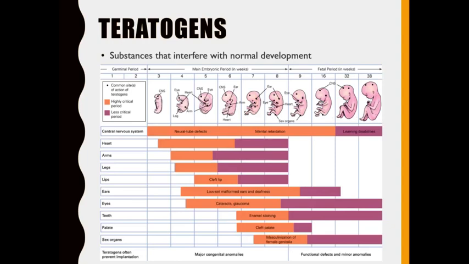There are things like antibiotics that mom might be prescribed during the 6th or 7th or 8th week of gestation. A lot of times moms don't even know they're pregnant during that period of time, and certain kinds of antibiotics can cause permanent staining of the baby's teeth. So there are different kinds of things. Some of them are things that we don't know we've been exposed to, like fertilizers.